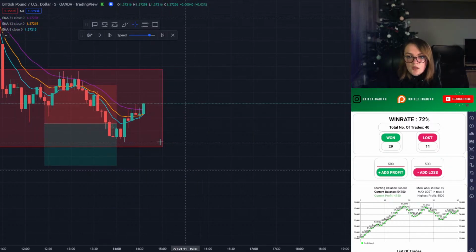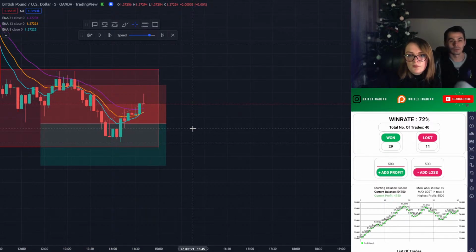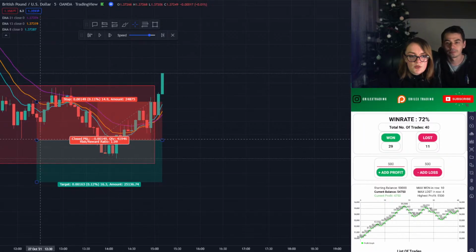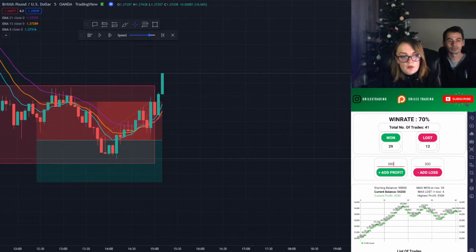For the moment we are actually in drawdown, and yes, we are out of this position, and we've got also a loss in this zone. Let me mark also on the 27th a win and a loss position.